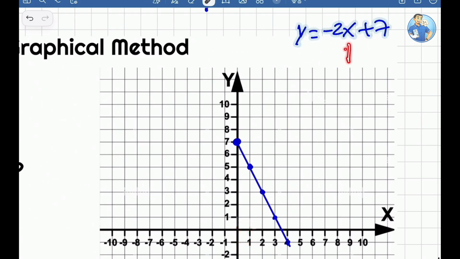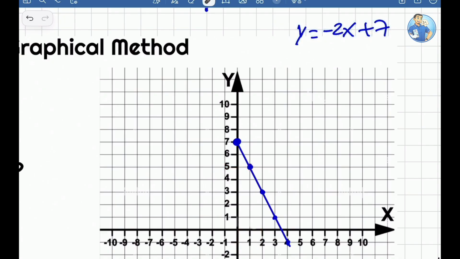We use 1 here: minus 2 times 1 is minus 2, plus 7 is 5. So when x is 1, y is 5. That is the reason we have this point.